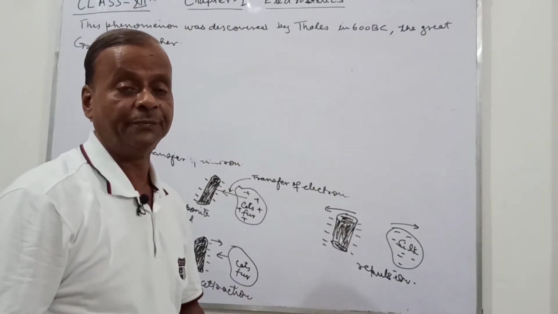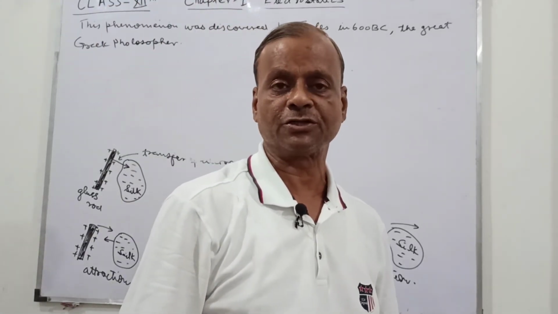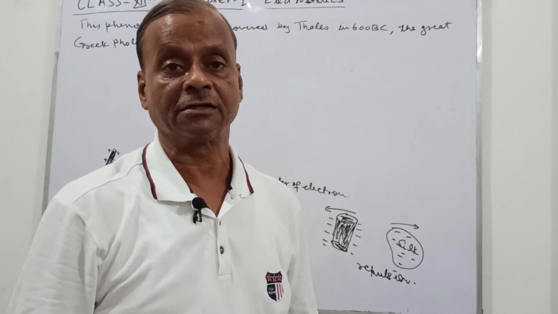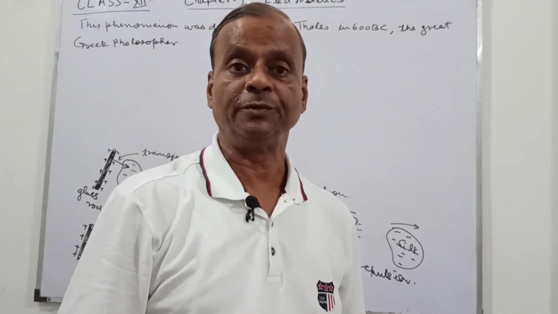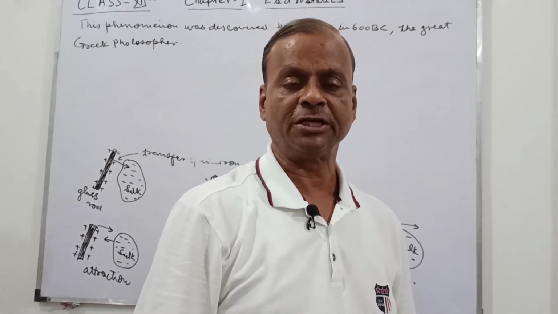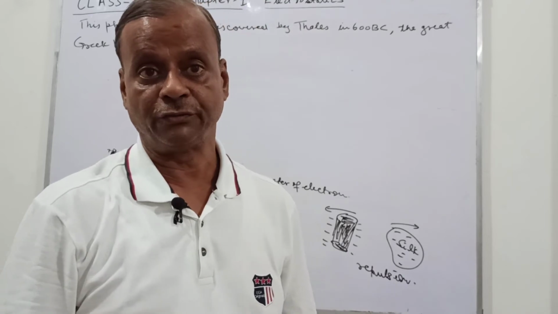Moreover, he made some electrical instruments, like the lightning conductor, which is also applied on monuments and many historical buildings to save them from the electric breakdown from the clouds.